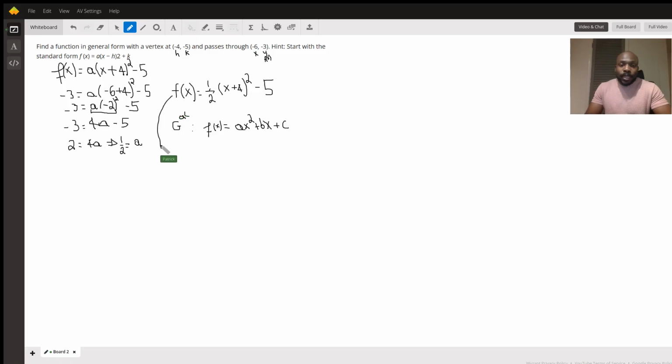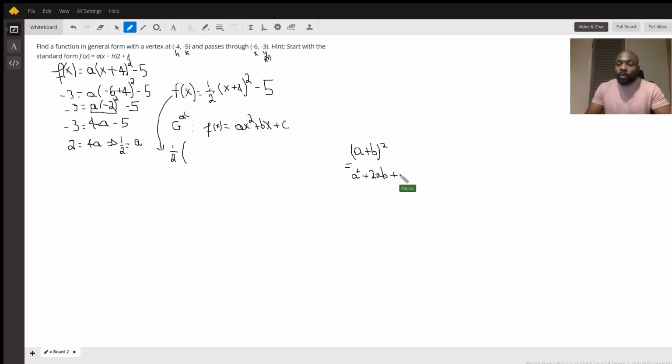So let's take the vertex form and we're going to expand it. So it's 1/2, then x plus 4 squared. If you know your properties, a plus b squared is equal to a squared plus 2 times ab plus b squared.